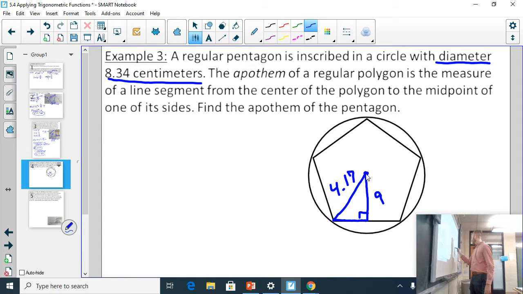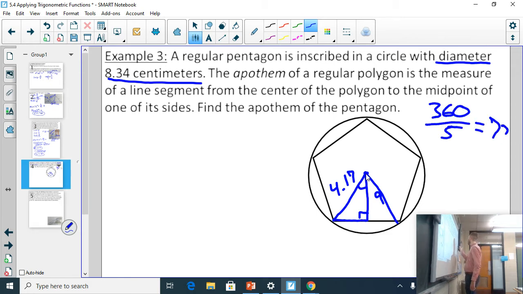If I draw in that side, we can then think that that is going to be 1/5 of 360. So 360 divided by 5, we know that's 72 degrees. And we have half of that right here with this angle. We have half of 72. So 35 and 35 is 70, so 36 degrees. We know that that right there is 36 degrees.